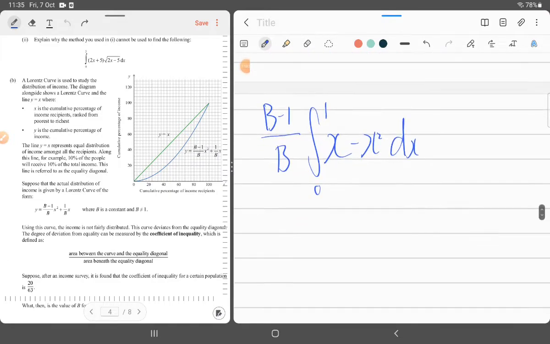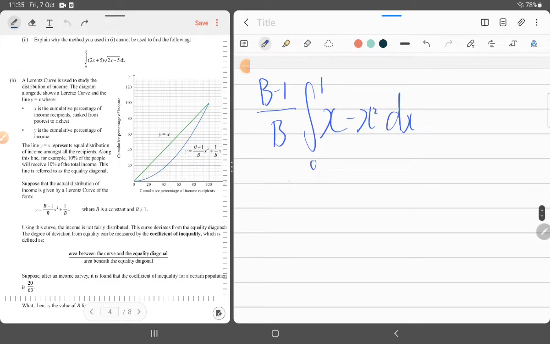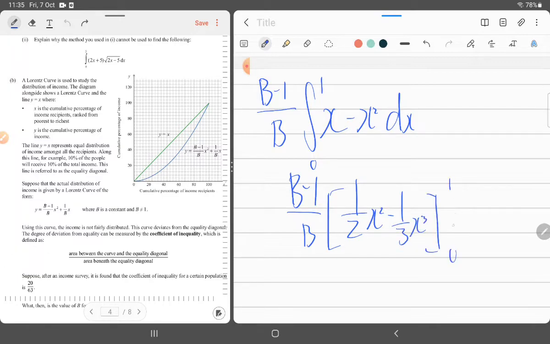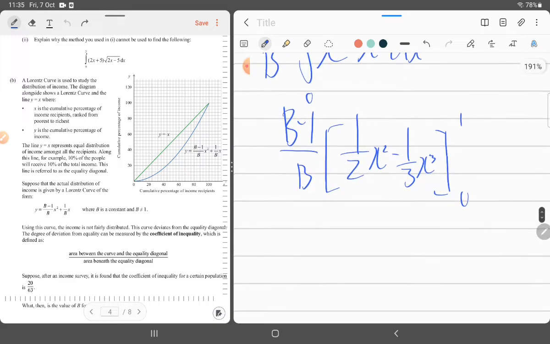Okay, then we can just integrate that, so b take away 1 over b, half x squared take away 1 over 3 x cubed from 1 to 0, but then the zeros just don't even matter. So b take away 1 over b of half take away 1 over 3, which is 1 over 6, so b take away 1 over 6b.